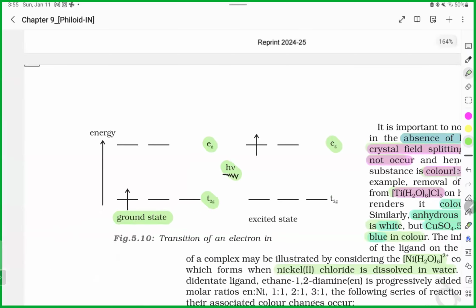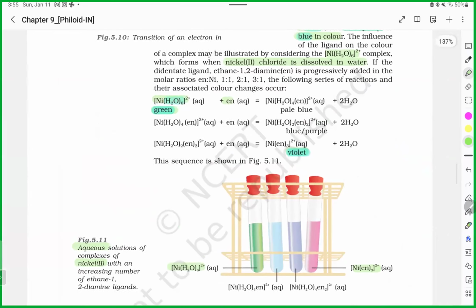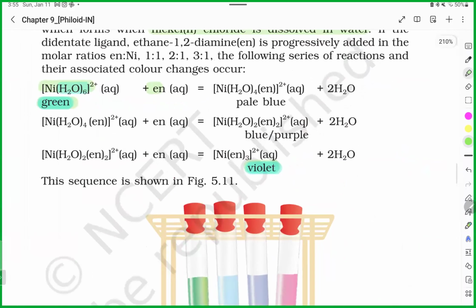Understood? Second, this part. If you see nickel with 6 H2O, it is green in color. But when you replace a ligand by adding one en, the color changes. When you add more en, the color changes again.